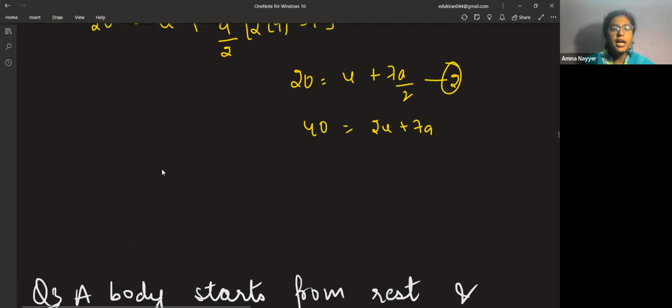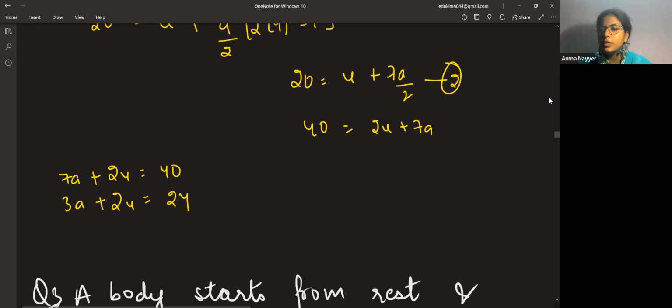See, if we subtract these two equations: 7a plus 2u is equal to 40, and what was the other equation? 3a plus 2u is equal to 24, right?